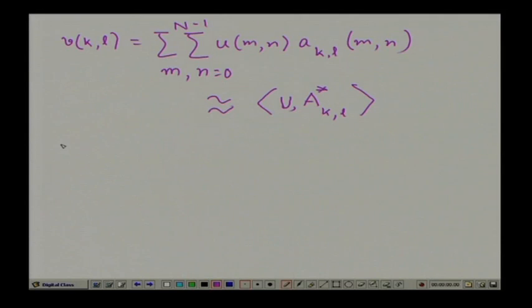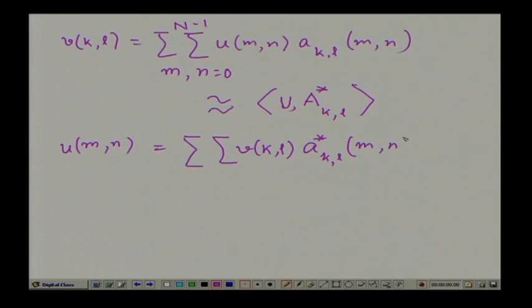Similarly, if I write the inverse transformation, U m n is given as the double summation of V k L into A star k L m n, where k and L vary from 0 to capital N minus 1.